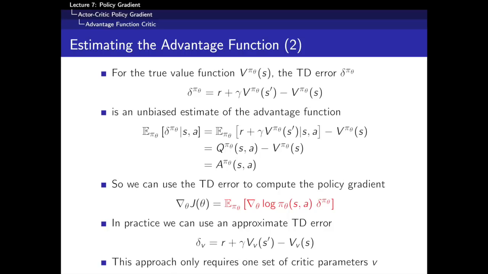So Q is equal to the expected reward plus state value at the next step. And so this whole thing basically tells us we've got our Q minus V now. This is the advantage function. This whole thing tells us that the TD error is an unbiased sample of the advantage function.